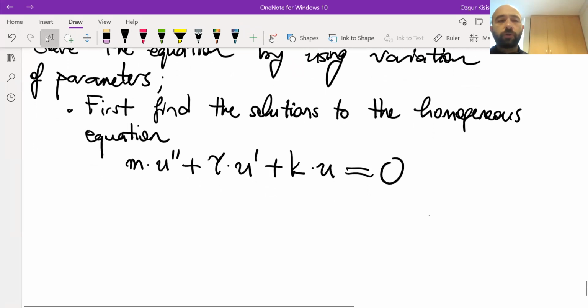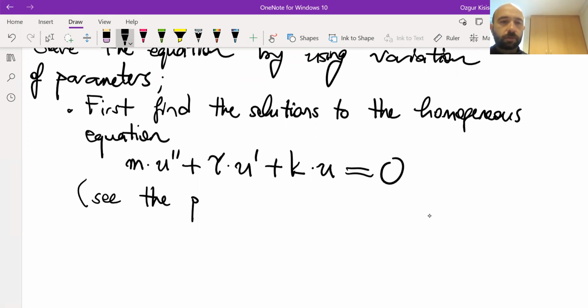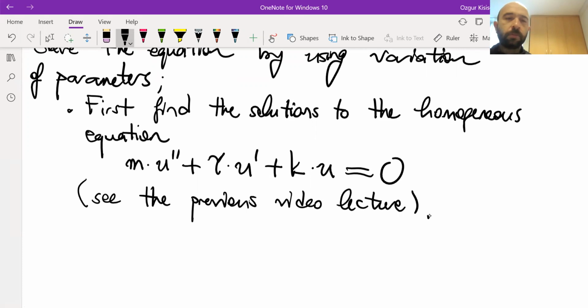We saw how to do this in the previous video lecture. Some fine details depend on the particular values of these constants. You look at the discriminant, check if it is greater, equal, or less than 0, and then you have 3 possible cases.